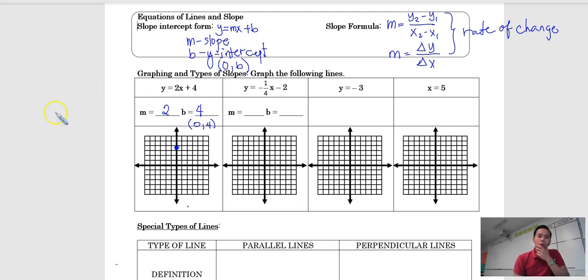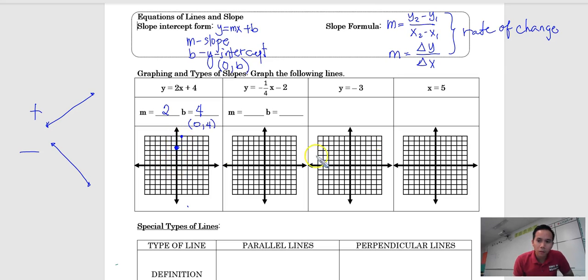And we always have to remember, and again this is a review, that if you have a positive slope, it's uphill, while if you have a negative slope, it's downhill. So that's the direction. So I'm going to move up 2, 1, 2, and then over 1.